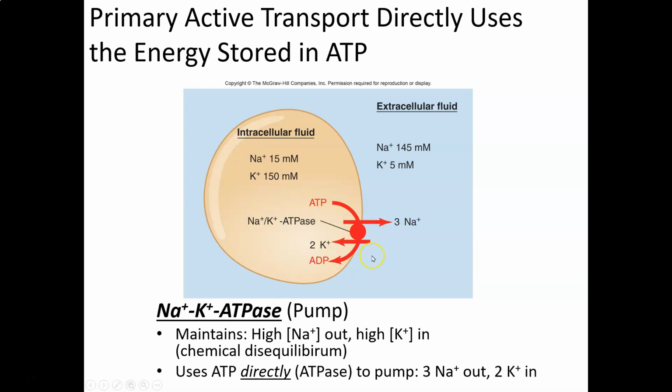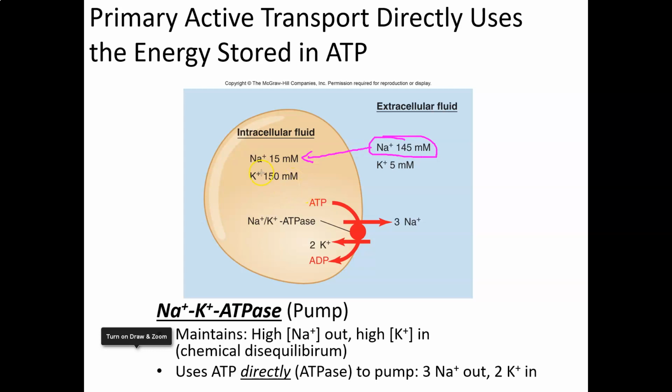And what we do is we pump molecules against their gradients. So let's kind of look here. Let's take a look at sodium first. So outside, I'll circle sodium outside. It's 145 millimoles per liter. That's its concentration. Inside, it's only 15. All right, so sodium's diffusion gradient is into the cell.